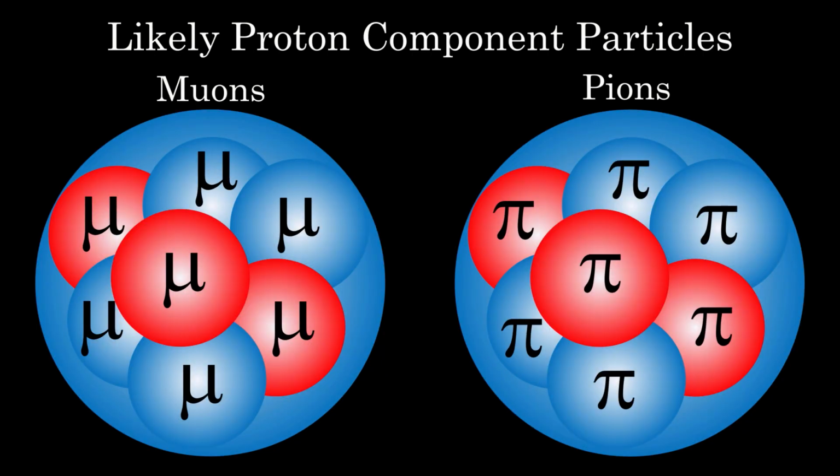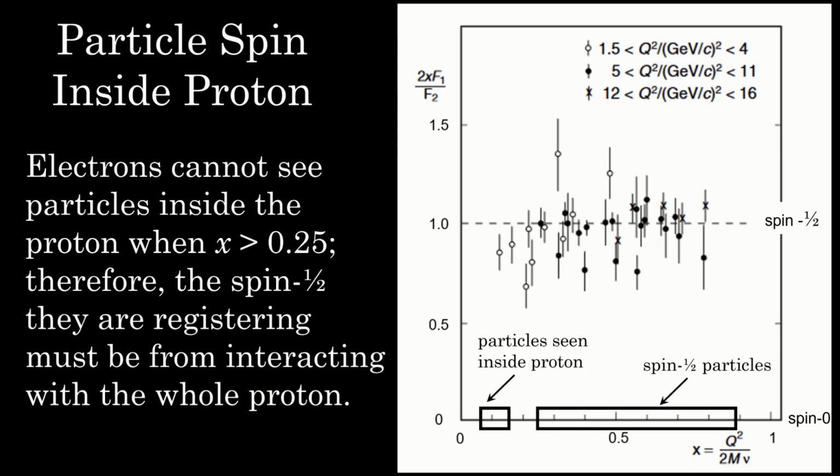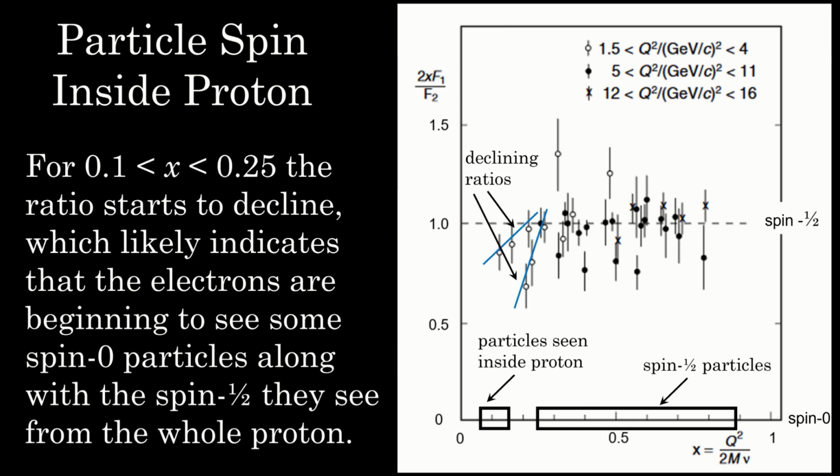If the proton is made of 9 particles, given its mass, those particles are likely either muons or pions. While analyses done at SLAC in the 1960s concluded that the component particles of the proton were spin 1/2 particles, which favors the muon, the analyses did not support the spin 1/2 conclusion for the range of X values the component particles fall into, suggesting the particles are probably spin 0 particles.